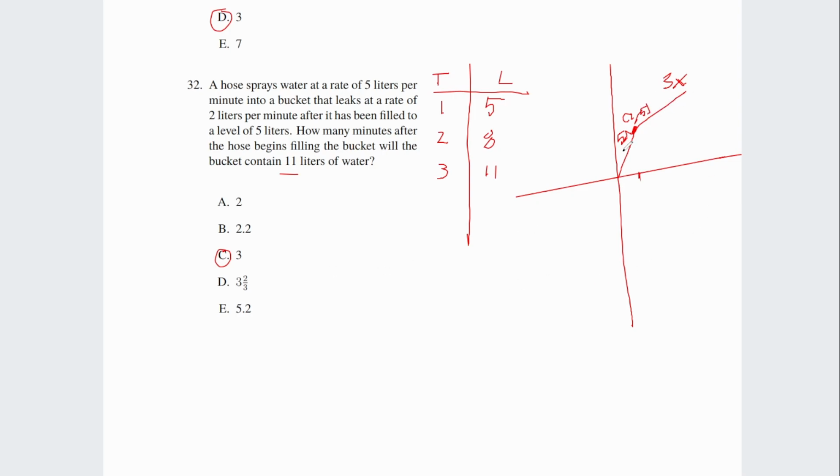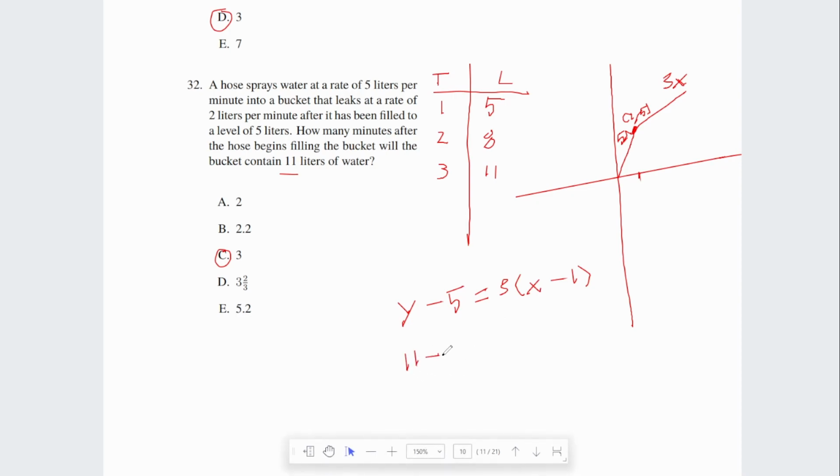I should label that. And we can think of this line in point slope form, which is going to be y minus the y value, which is 5, equals the slope 3 times x minus the x value, 1. And you can solve this for 11 liters. In other words, y equals 11 after time x, which is going to be 3, as we will see.